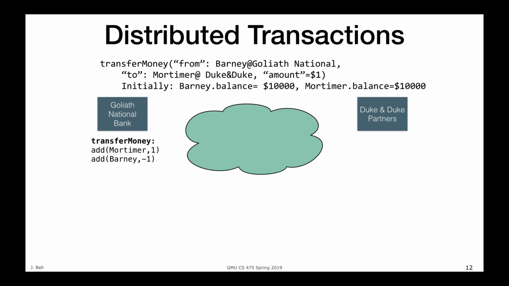Now, at the same time, we might have other transactions, and this transaction is going to involve both banks. There could be another one that gets started, say, on the other side of this pond that is maybe auditing records. This transaction is going to read the current balance of both Mortimer and Barney, and then print out what their balances are.